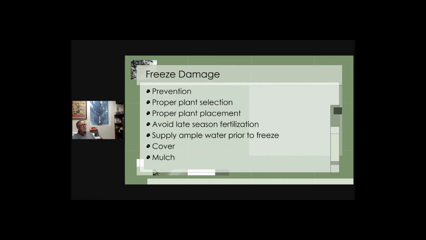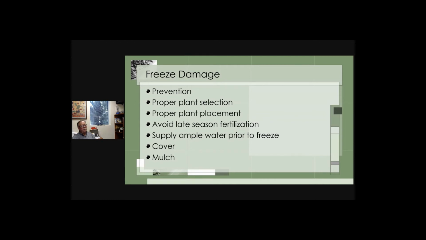So for freeze damage, we can do prevention by proper plant selection or plant placement, avoiding late season fertilization. We want to supply ample water prior to freezing to make sure that the plant doesn't desiccate during that freezing period.